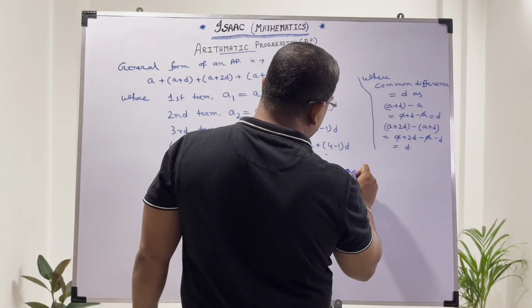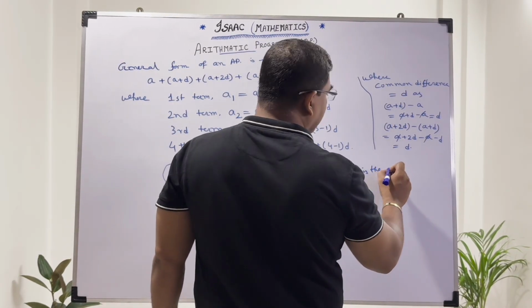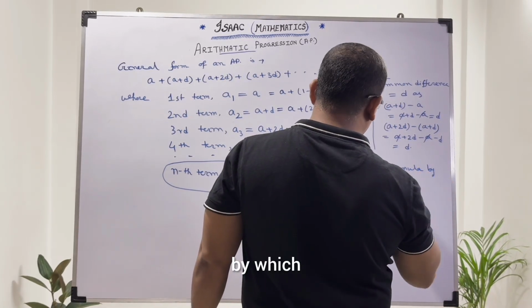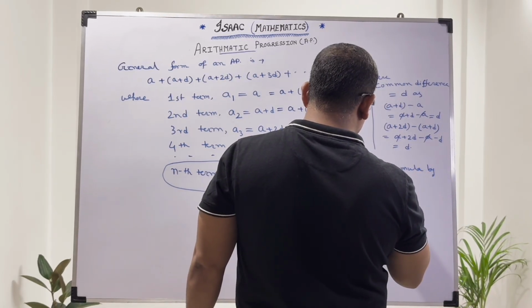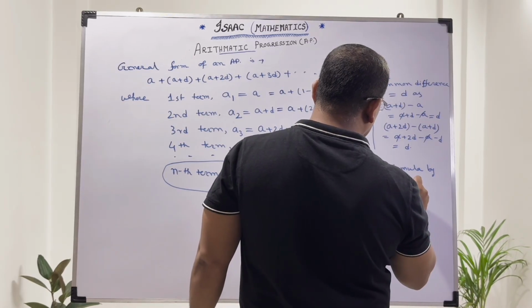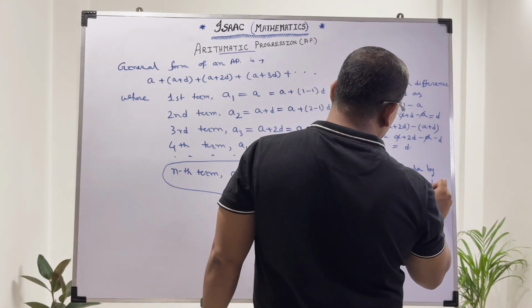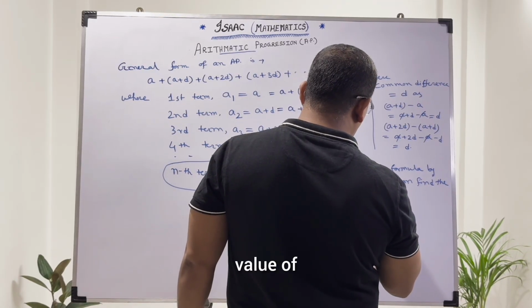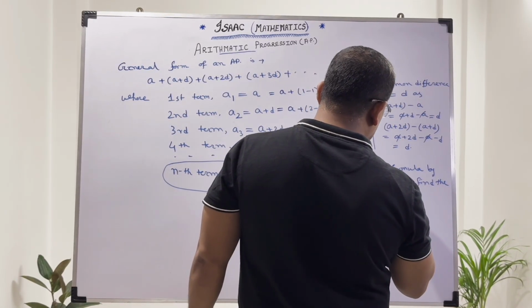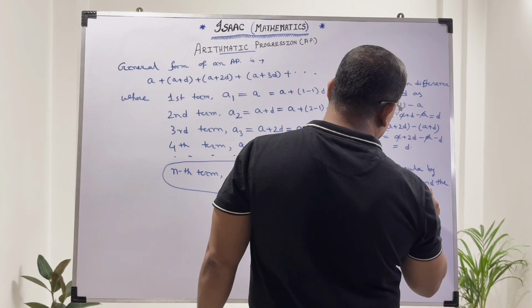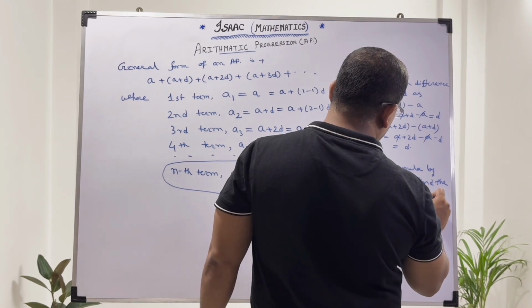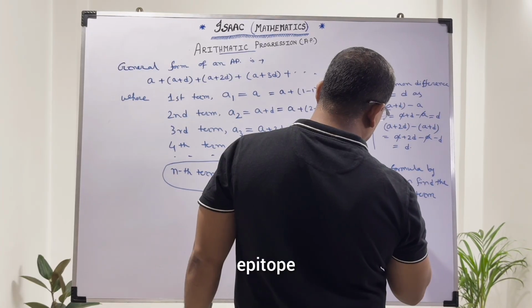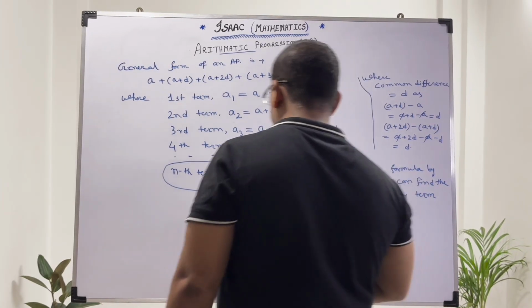So this is the formula by which we can find the value of any term of an AP. Okay.